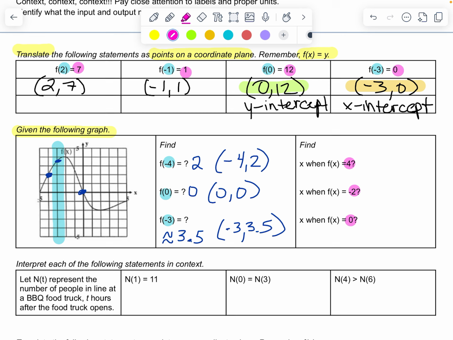So a y value of 4 would actually be all of those locations, and of course we got to look specifically at the graph. A y value of -2 will be looking down here, and then a y value of 0 is on the x-axis. So in terms of trying to pinpoint where's the location on the graph, that's the case. And again, notice that we're trying to figure out what is our x value. So we'll go ahead and do that.